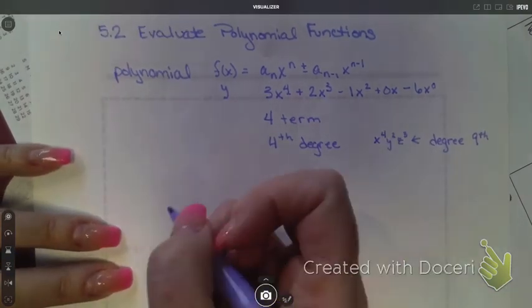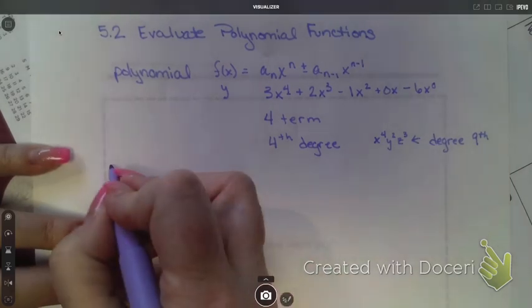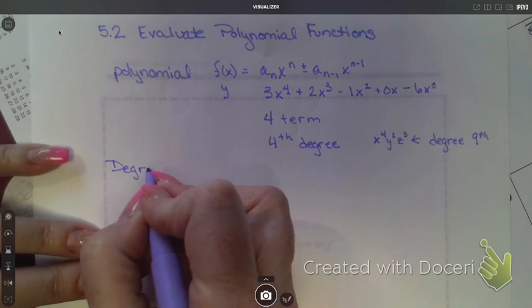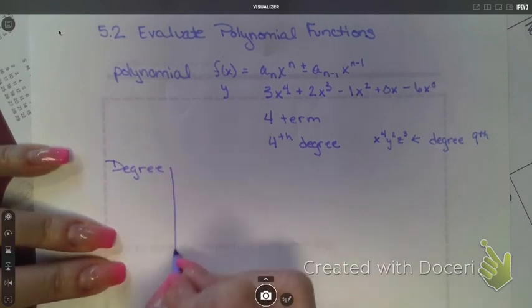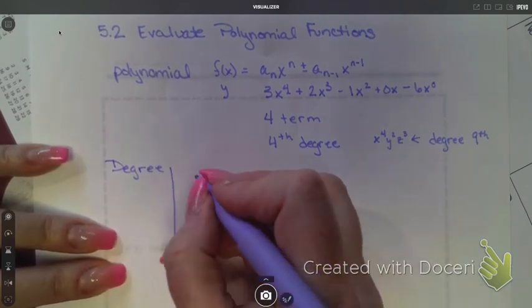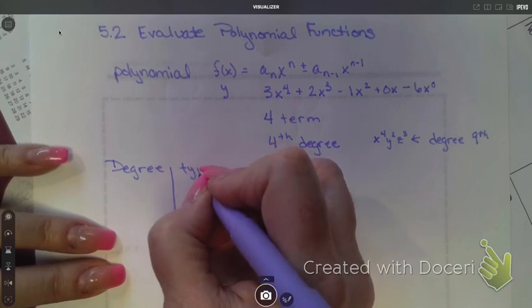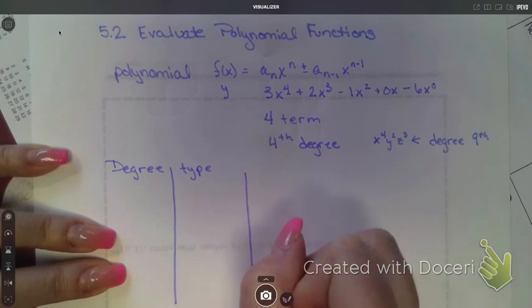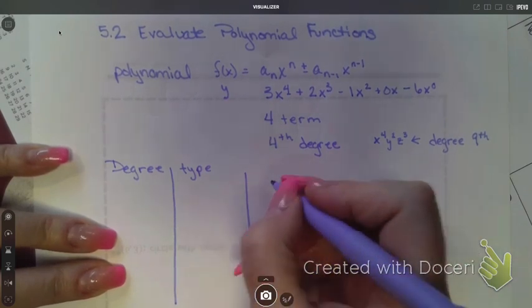So I'm going to make a little chart so we can talk about it. We're going to have the degree. And we're going to have the type. And we're going to have standard form.